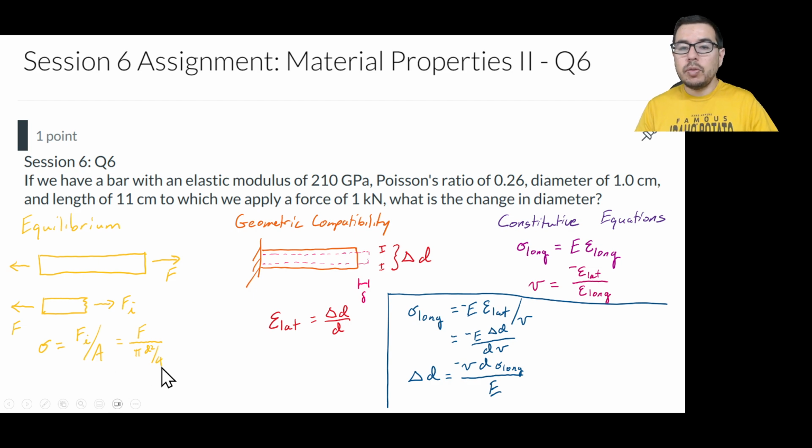So the 4 is in the denominator of a denominator, and that can come up to the numerator. So we get a minus 4 times the force F times nu d, taking care of the sigma longitudinal, and in the denominator we have pi d squared times E.